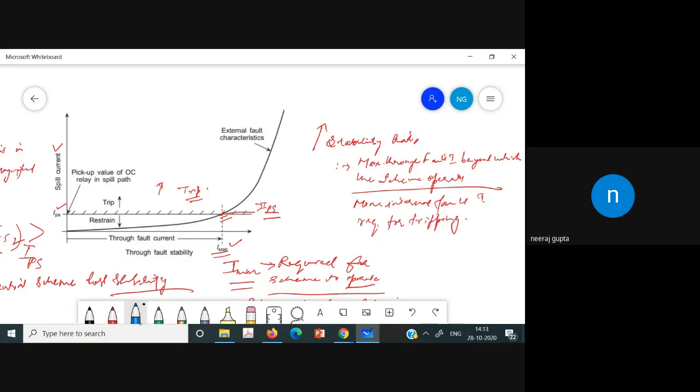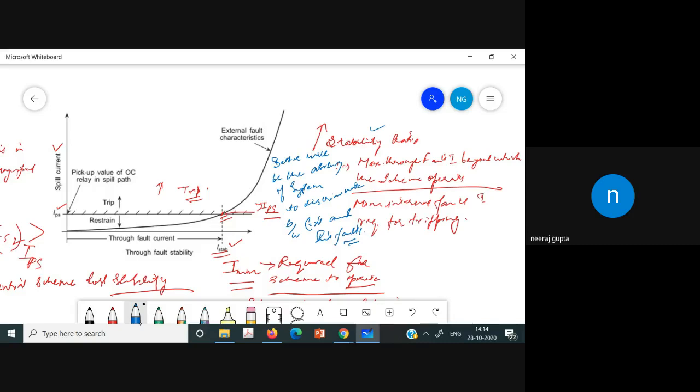The greater the stability ratio, the better will be the ability of the system to discriminate between the external and the internal faults.